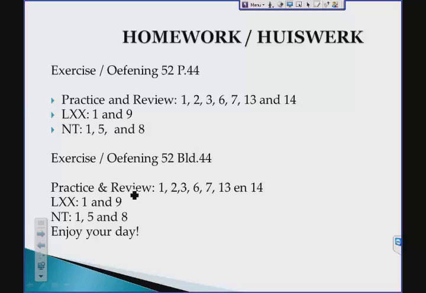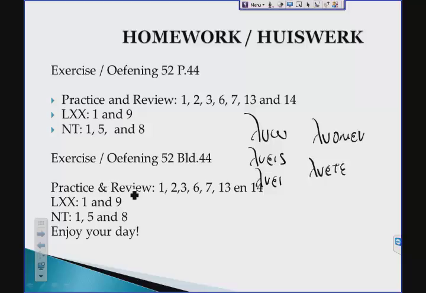Now you go back to your conjugation. I'm doing this for their sake. You go back to your conjugation. The word luo, lueis, luei, luomen, luete, and then you have luousin.